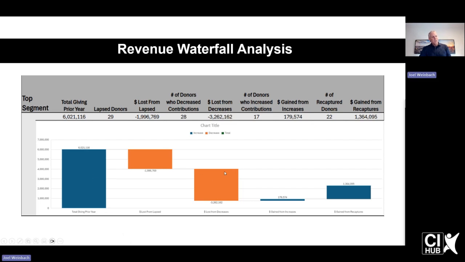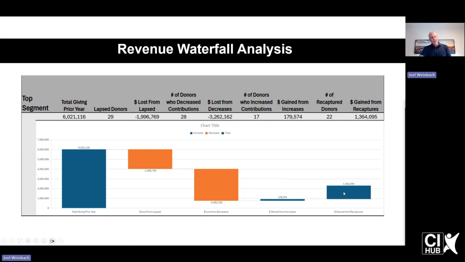So these donors gave something in 2025, but they gave 3.2 million less than in 2024. We got a little bit of a pickup, 180,000 from donors who gave in 2024, and they increased their giving by 180,000 in total across 17 donors in 25.